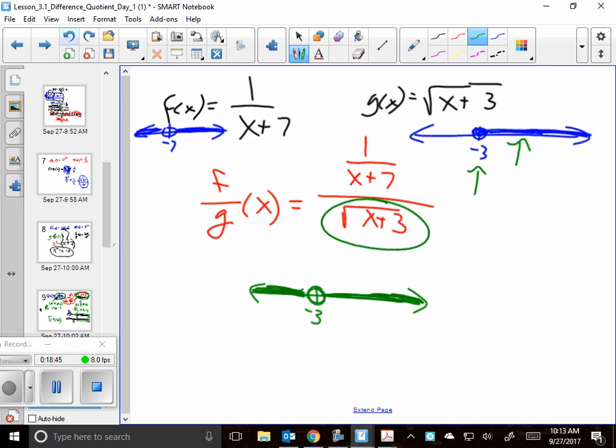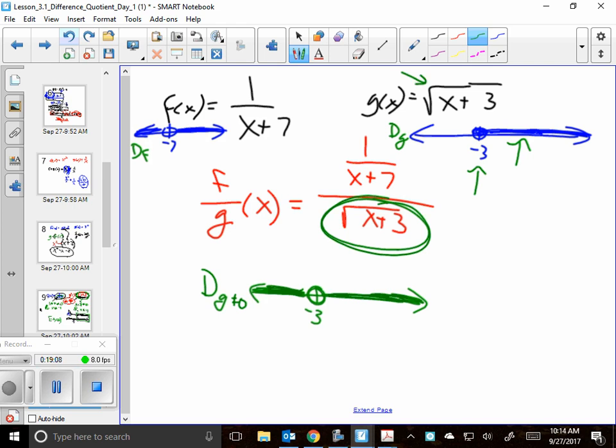So here's how we say it. This one's called the domain of f. This one's called the domain of g. And this one, the denominator, sorry, is the domain where g cannot be 0. And then you ask yourself, what's the one thing that would make the bottom be 0? Didn't used to have to worry about that.